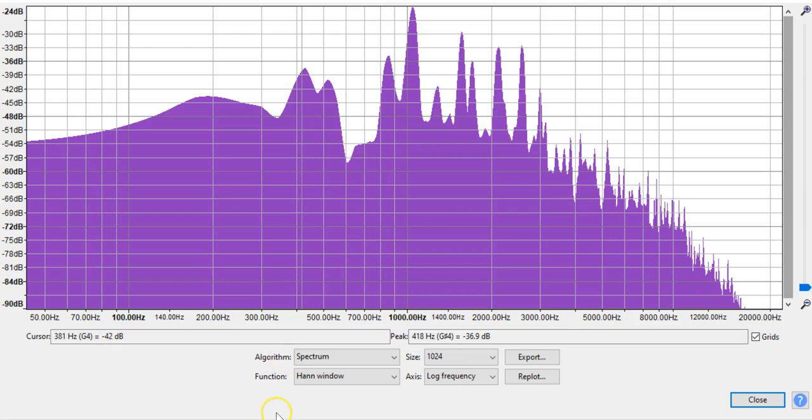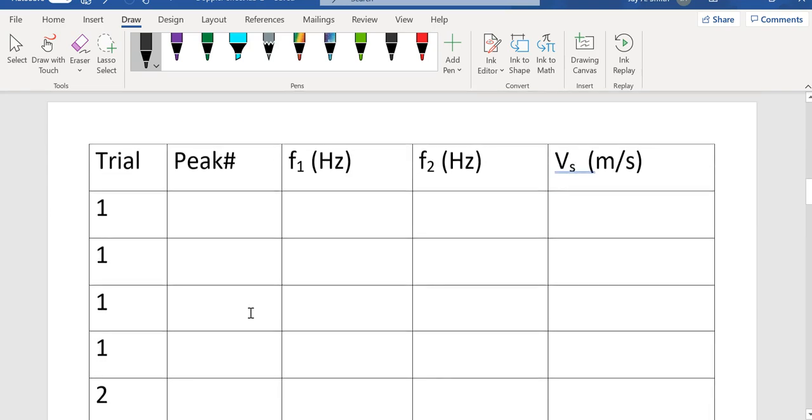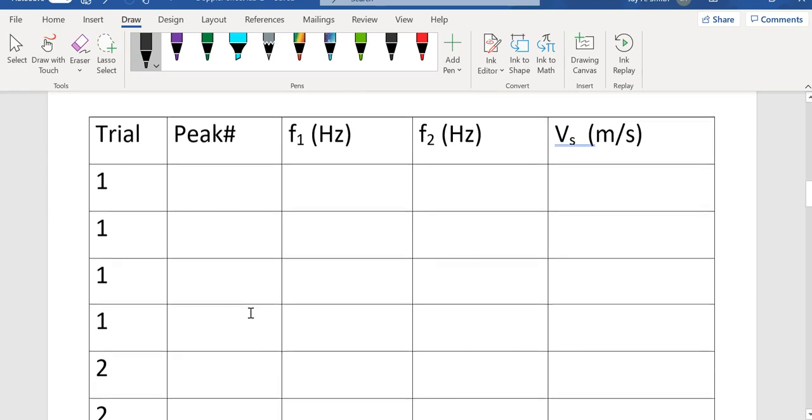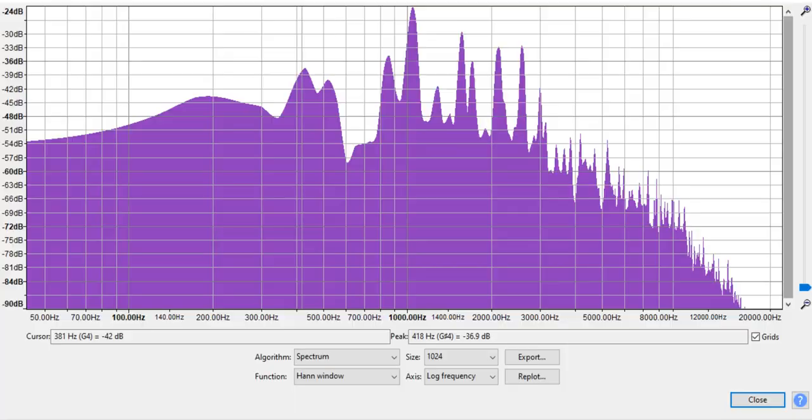That'll be for our first spike. So the first spike was 428, and then we're going to come back, and that's the second.